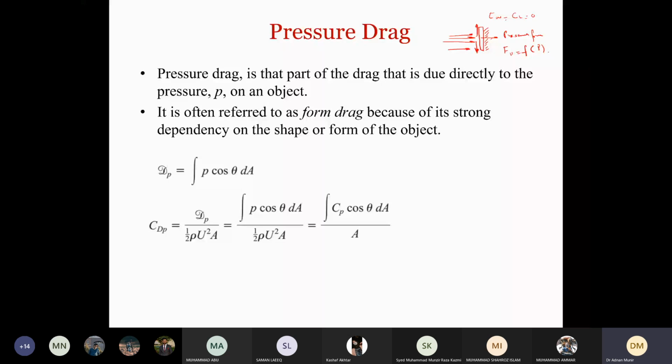If we divide this Dp by half rho U square A, we get a non-dimensional form of drag force or form drag, which is CDp. Now we define the non-dimensional pressure as coefficient of pressure denoted by Cp. So now this is the initial pressure and this is the final pressure.